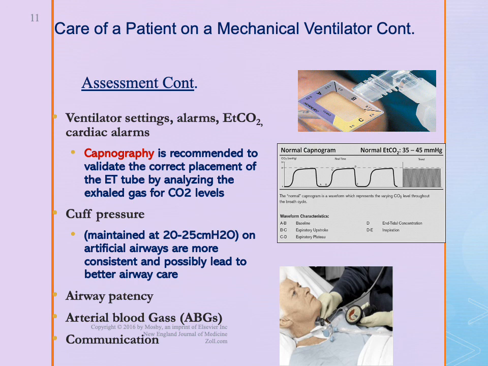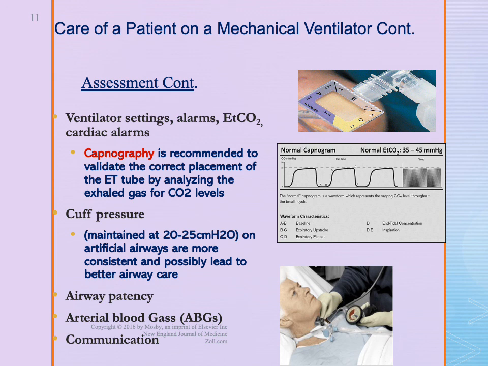And with that, we will use 25 to 30 centimeters of water for the cuff pressure. Cuff pressures that are too low can lead to aspiration of oral or gastric secretions, and pressures that are too high can damage the mucosa of the trachea.